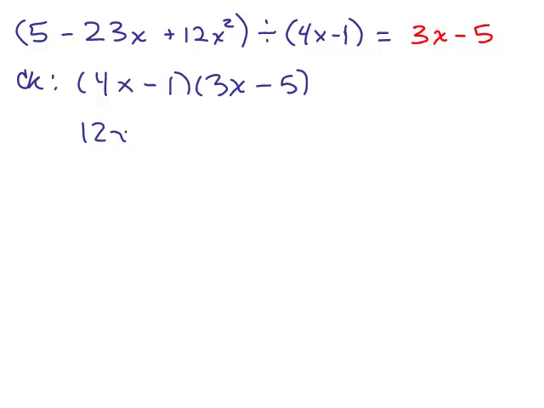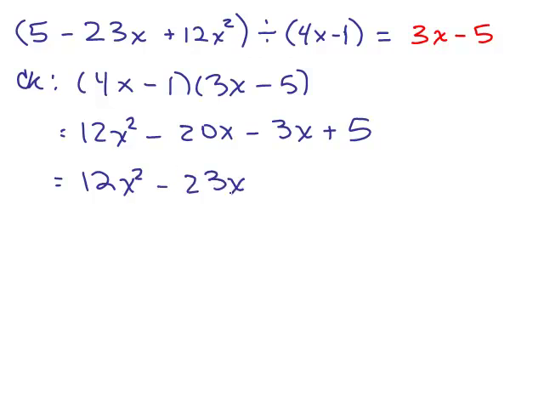We have 12x squared minus 20x minus 3x plus 5, which is 12x squared minus 23x plus 5. And is that this original polynomial up here? Yes, that's the same thing, right? 5 minus 23x plus 12x squared is the same, so that's true.